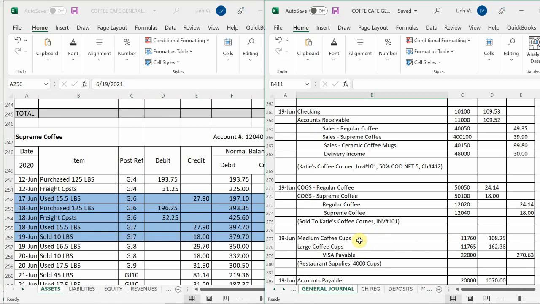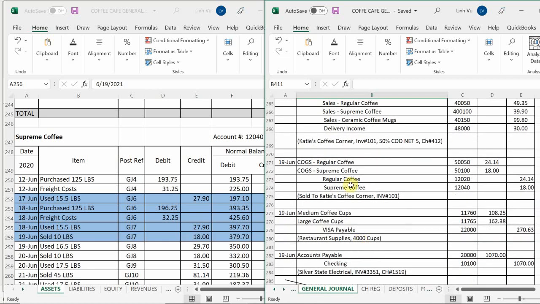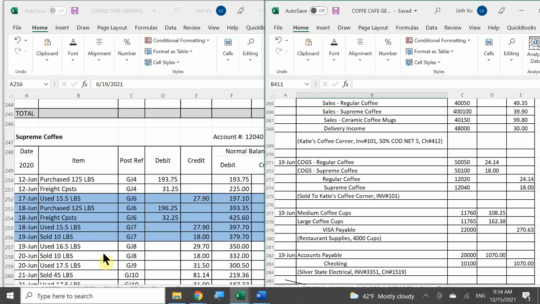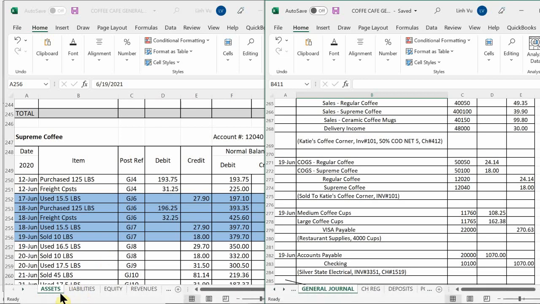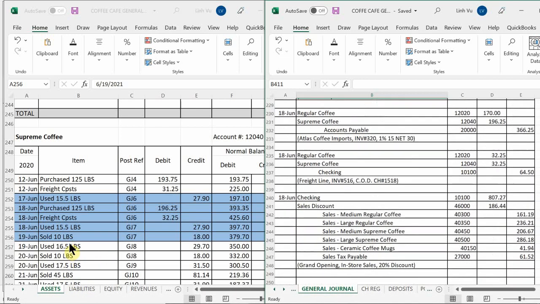Then we had purchases of coffee cups. Okay. So regular and large coffee cups.